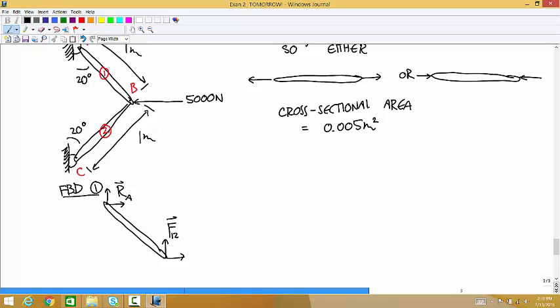And then that 5,000 newtons is applied to the pin, which we're treating like it's part of member 1. So there's the complete free body diagram. And now write out the table: P, A, rho, F, and tau.